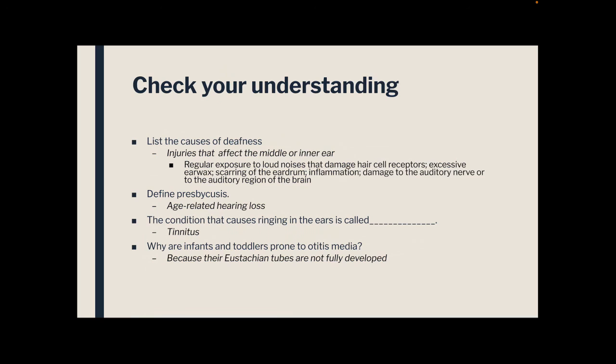You can have damage to your eardrum, and so on and so forth. We also talked about age-related hearing loss, and that is presbycusis. And then when you have ringing in your ears, that's called tinnitus. And then infants and toddlers are more prone to otitis media because their eustachian tubes are not fully developed.